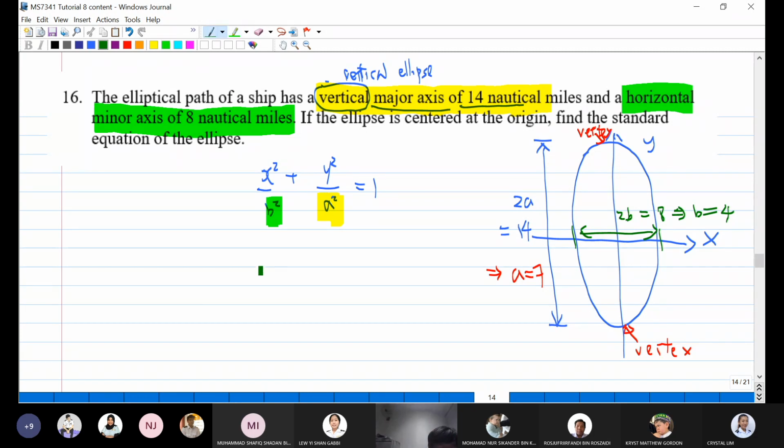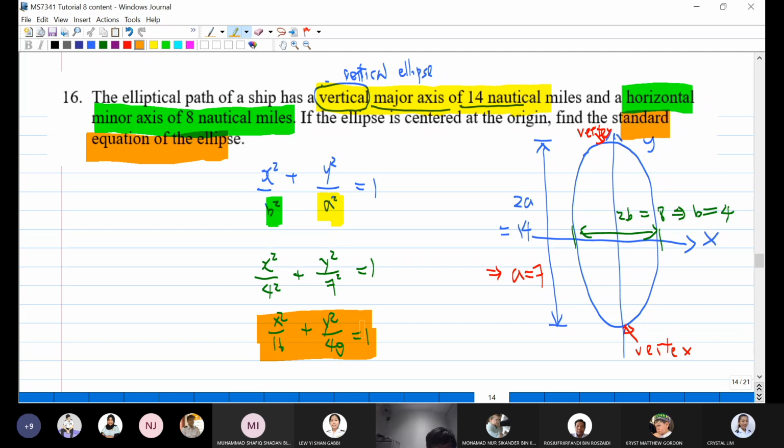So we can get x squared over 4 squared, which is 16, plus y squared over 7 squared, which is 49, equal to 1. They want the standard equation of the ellipse, so this is the standard equation of the ellipse.